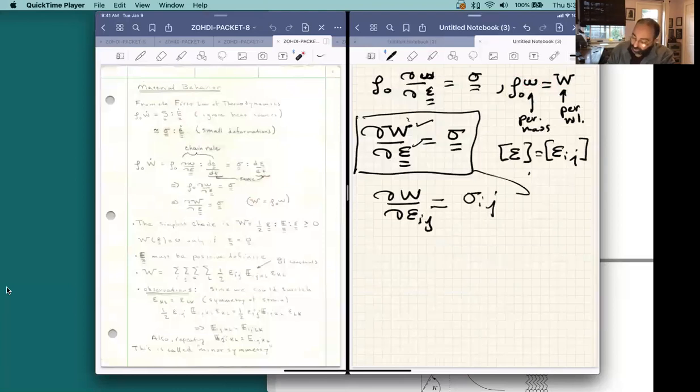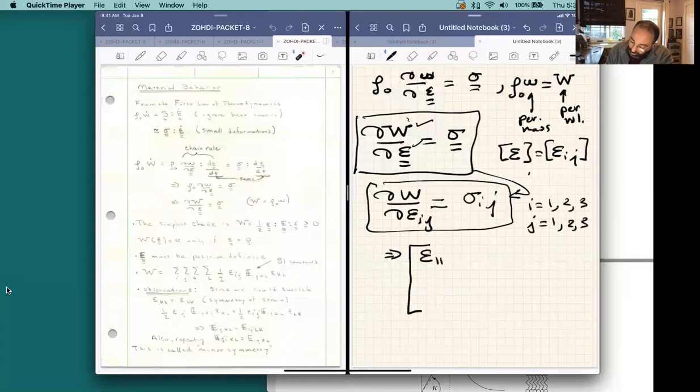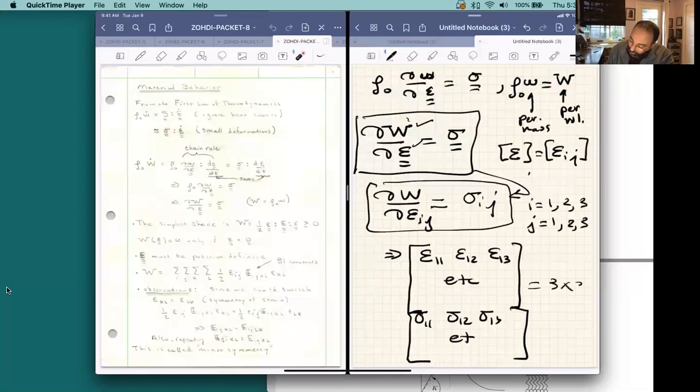That's really what this shorthand notation means. And we do this for i equals 1, 2, 3, and j equals 1, 2, 3. Hence, we have two things. We have the strain, epsilon 11, epsilon 12, epsilon 13, etc. That's a 3 by 3 matrix. And at the same time, we have something over here, sigma 11, sigma 12, sigma 13, etc. And they're both 3 by 3 matrices that are shown there.